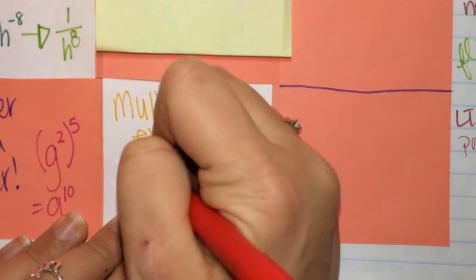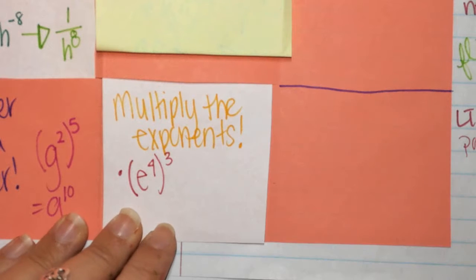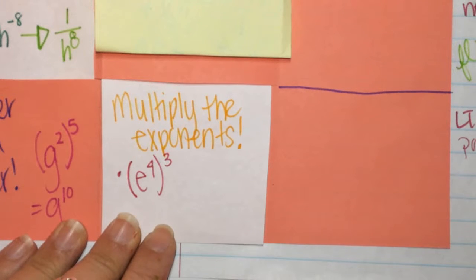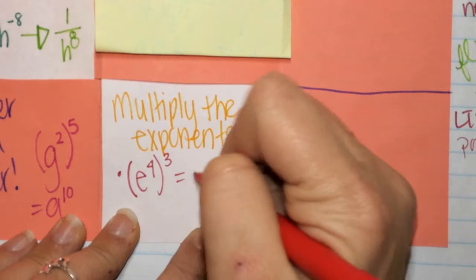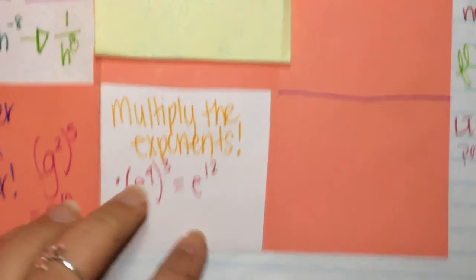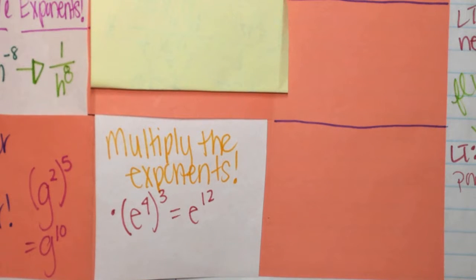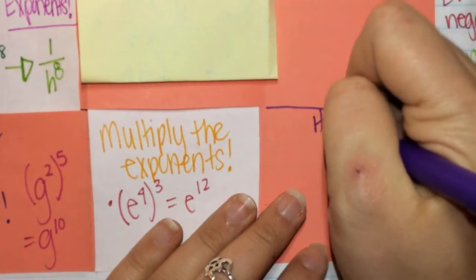What if I said e to the 4th cubed? What would that become? E to the 12th, because you multiply. Alright? I'm going to give you 1 homework problem on each section. Alright, so this one.